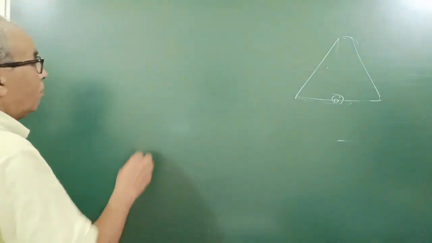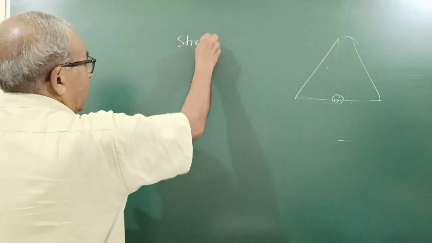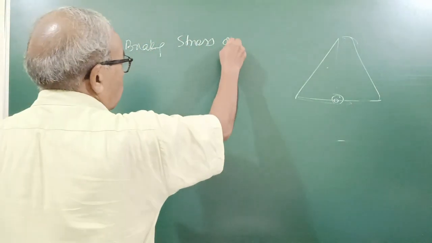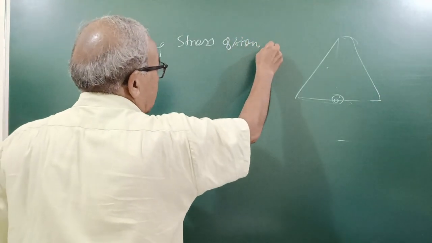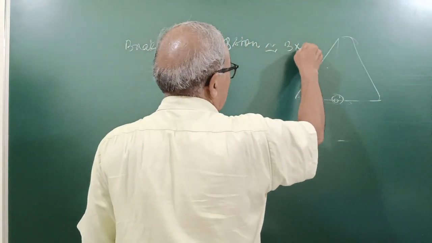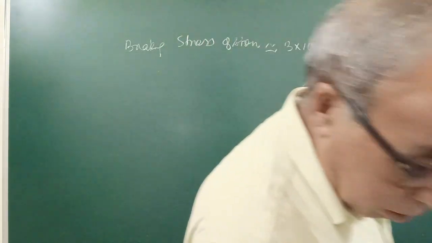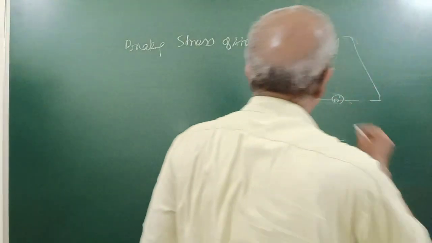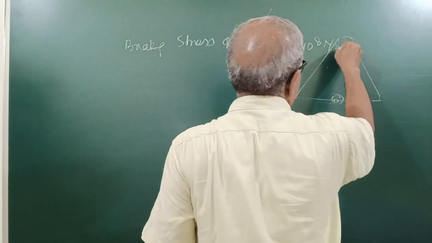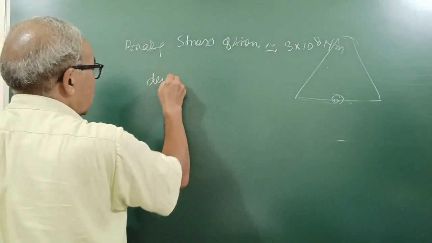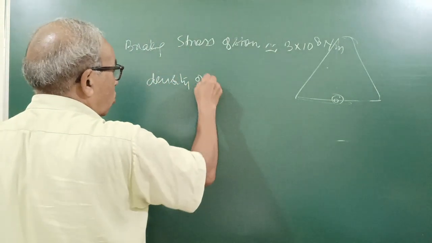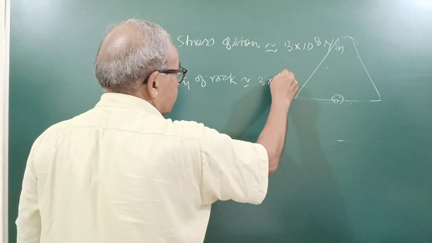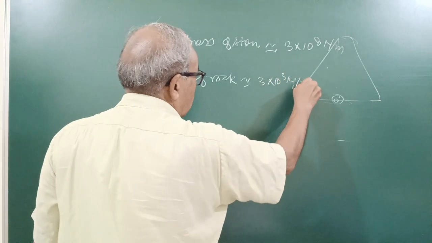The breaking stress of stones is nearly 3 into 10 to the power 8 Newton per meter square. The density of rocks is nearly 3 into 10 to the power 3 kg per meter cube.